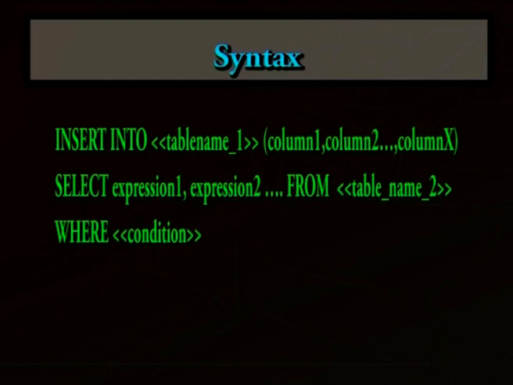Look at the following syntax: insert into table name 1, column 1, column 2 up to column x, select expression 1, expression 2 and so on from table name 2 where condition.